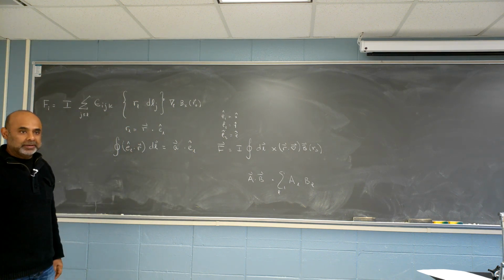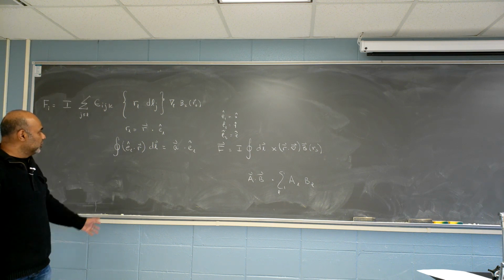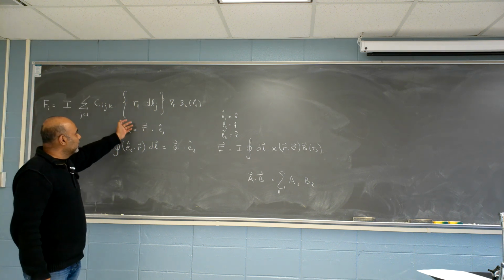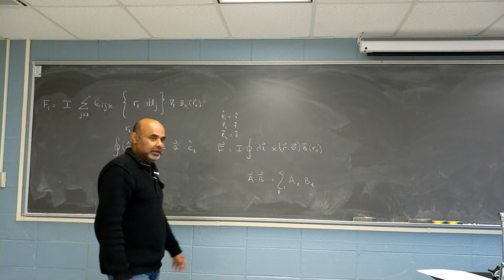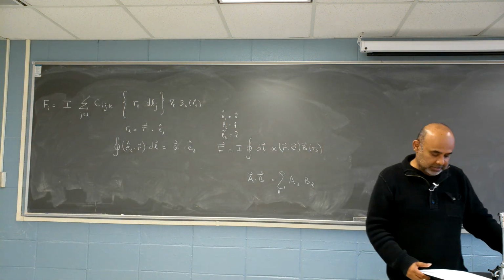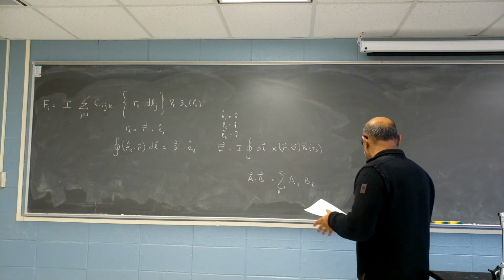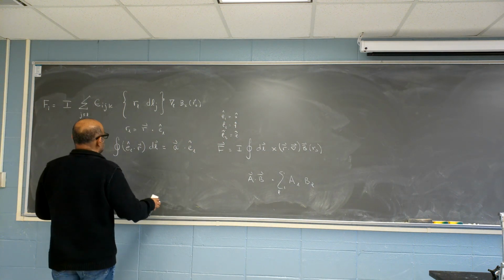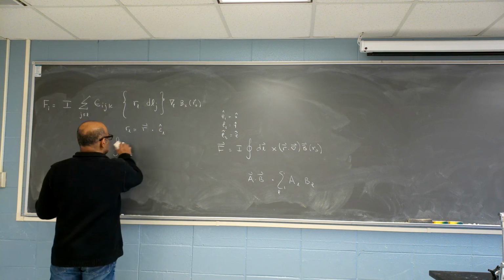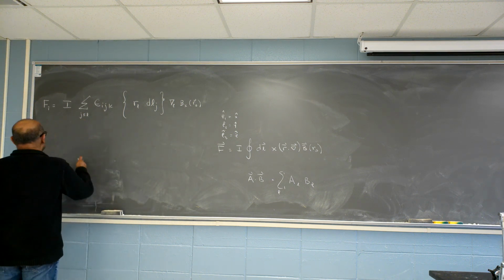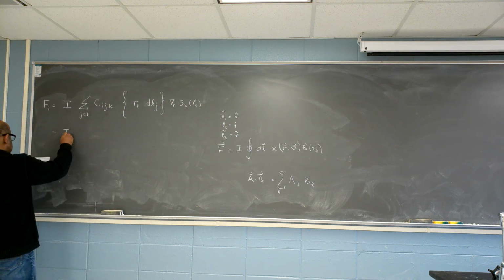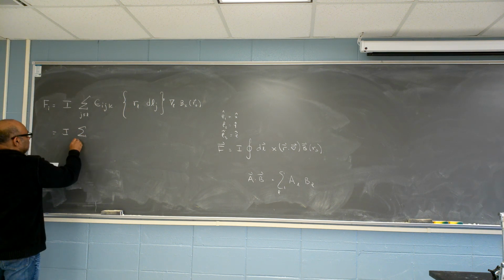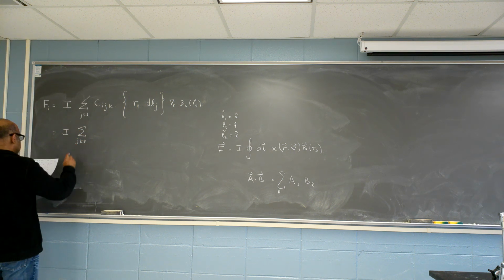Remember, we had shown that. So that means the integral is done freely now. And I'm going to be very careful. Keep this in mind. For lack of space, I'm going to do this. J, K, L.